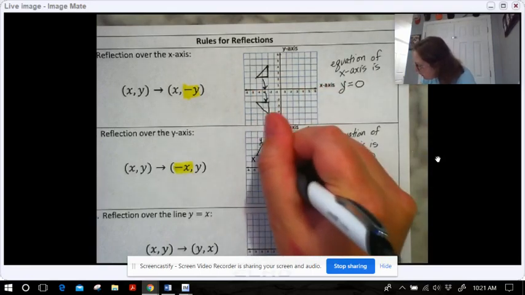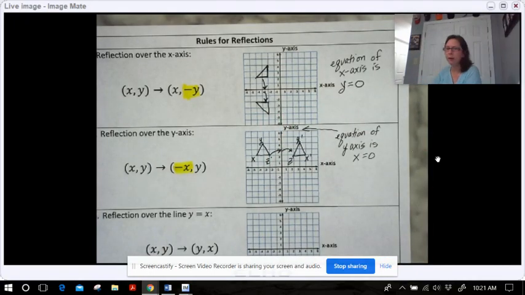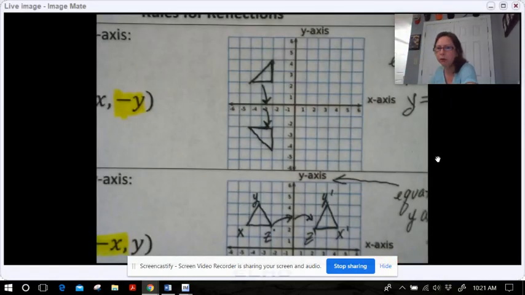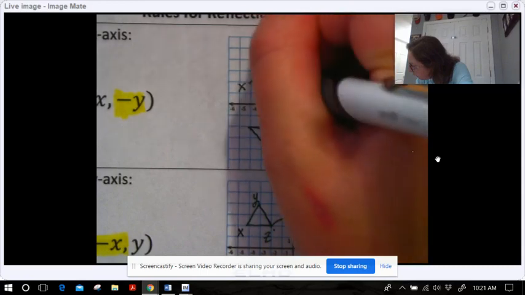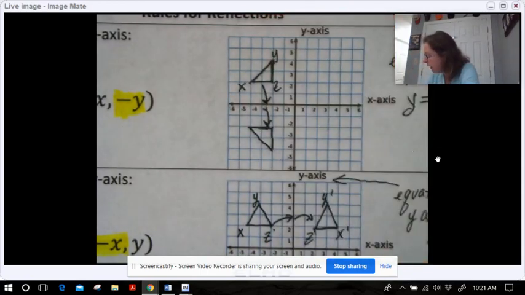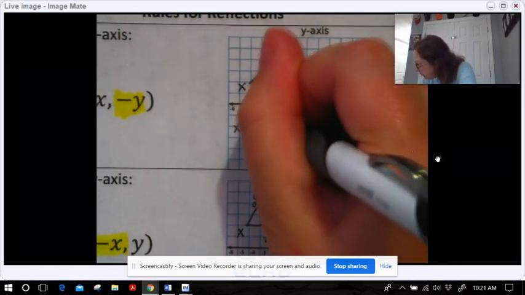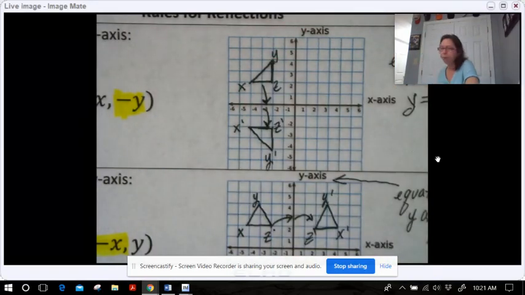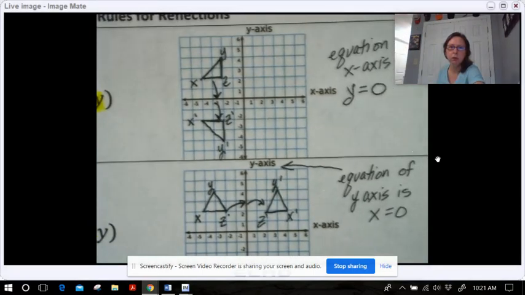This would be z and z prime. Let me label my points for the first one as well. I should have done that originally. So this is x, y, and z. So when I reflected it, this became x prime, this became z prime, this became y prime down here. And give that a second, it's a little blurry. Okay.